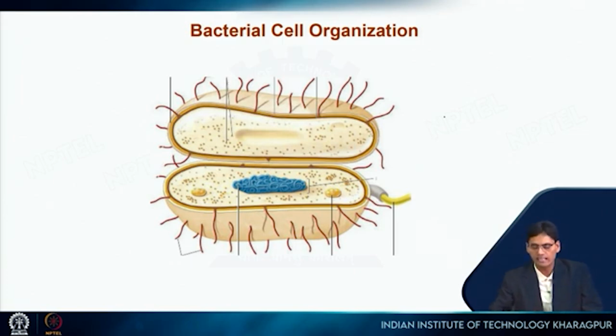And here, as you can see at the center, whatever you can see here is the nucleoid. Since you know that bacteria don't have an organized nucleus, only the bacterial DNA, the chromosome, is present inside the cell, and this is called the nucleoid. And this one, I can say, is the bacterial chromosome.